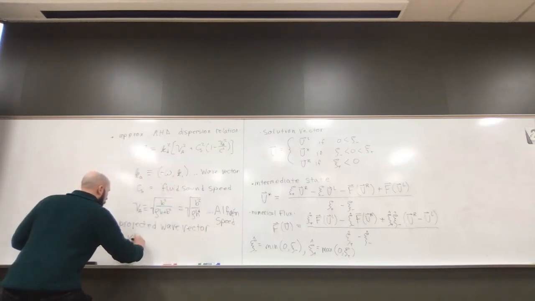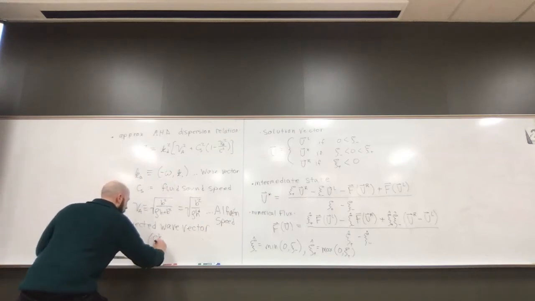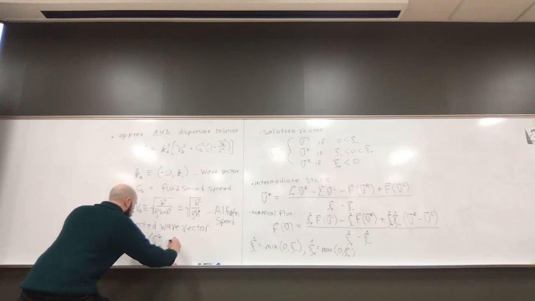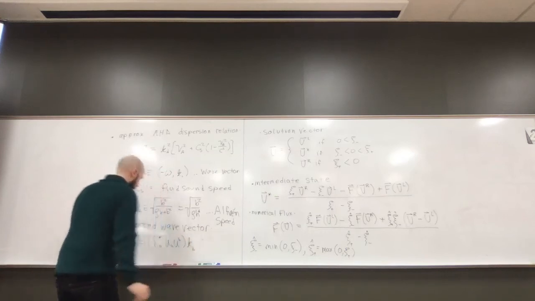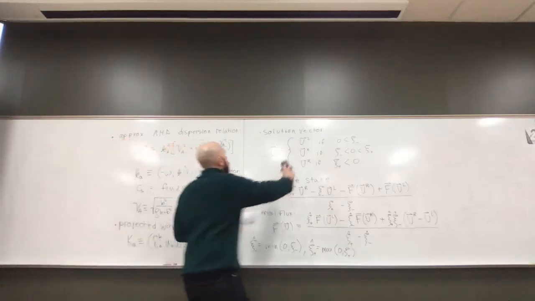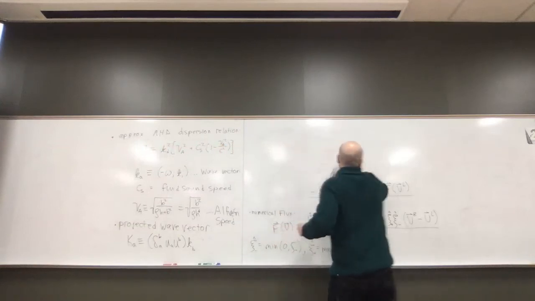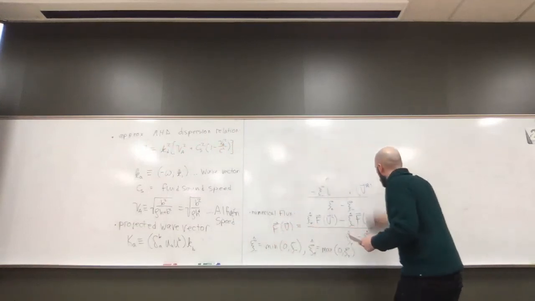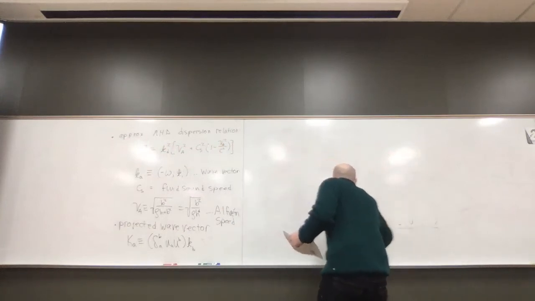Big K, little a, is equal to delta function B A, U_A, U_B, all times the wave vector little k_b. Okay. Almost there.